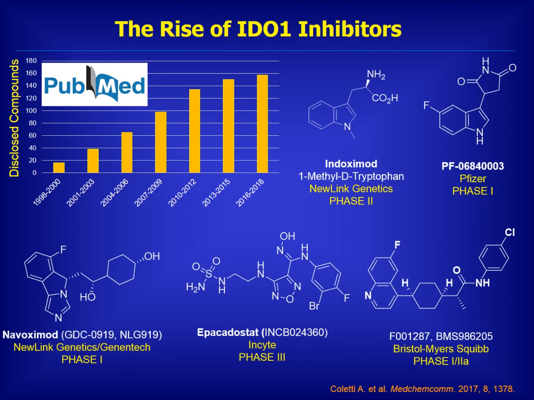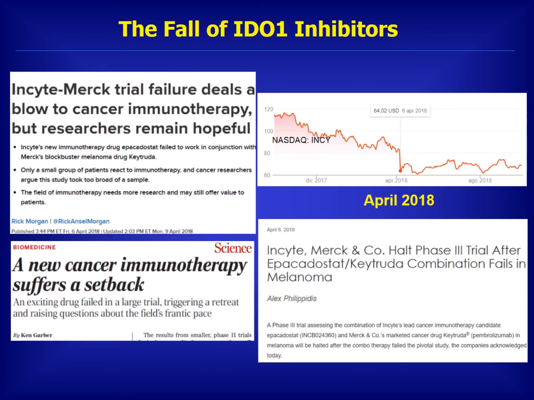Some of these compounds have successfully entered the clinical stage, and in particular, the most advanced candidate today is Epacadostat. Now, unfortunately, very recently, it has been reported that this compound failed in phase 3 clinical trials to produce statistically significant results when used in combination therapy with other immune checkpoint inhibitors, such as Keytruda, to treat melanoma.